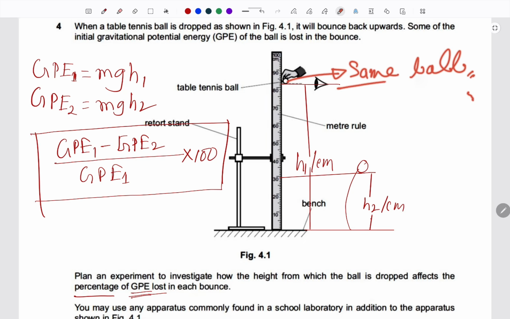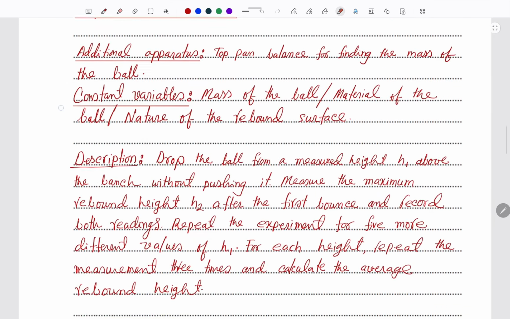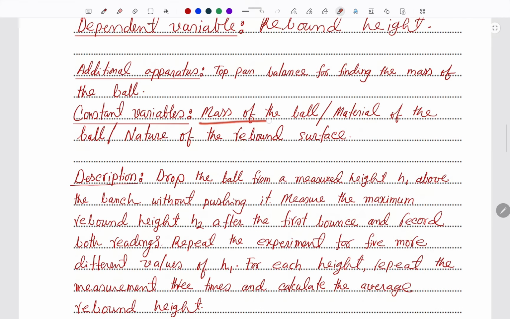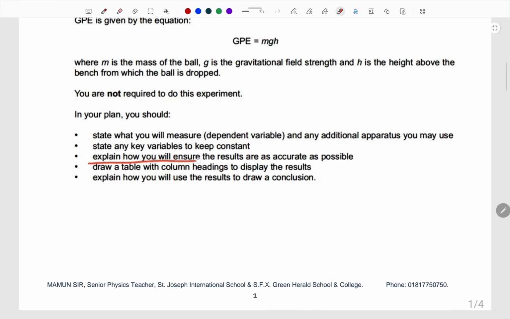So we need to use the same ball every time, and then the same type of surface, so that there is no problem for calculating the bounce height. So constant variables: the mass of the ball, material of the ball, nature of the rebound surface, and then explain how you will ensure the results are as accurate as possible.